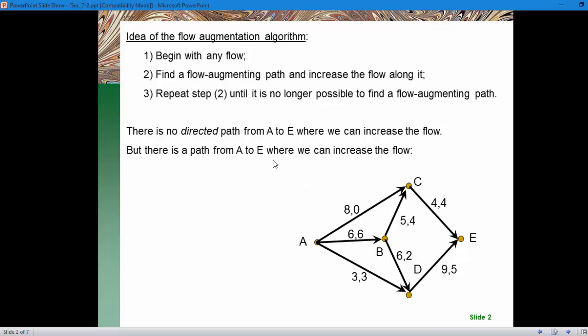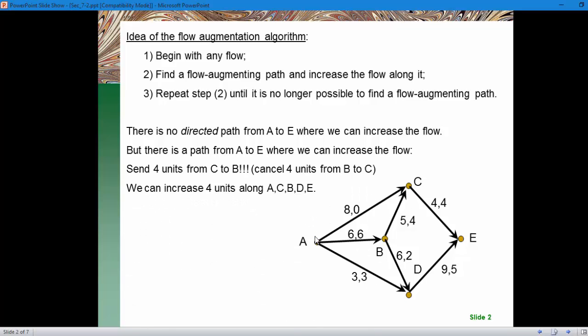There is a path from A to E, as we can see here, where we can increase the flow. The idea here is to send 4 units from C to B. But how can we do that if this edge is reversed?